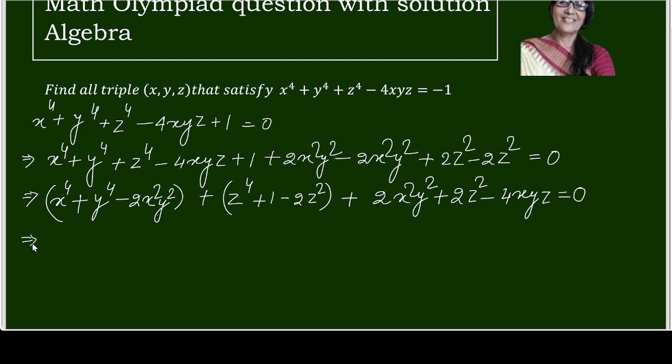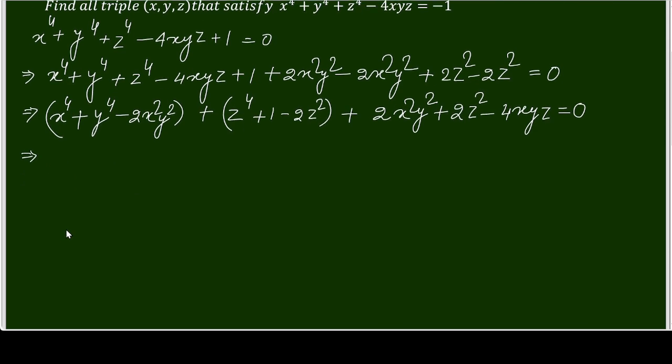So now it is very simple. First one is x square minus y square whole square. Second one is z square minus 1 whole square. And from the third one, if we take 2 common, it will be xy minus z whole square.